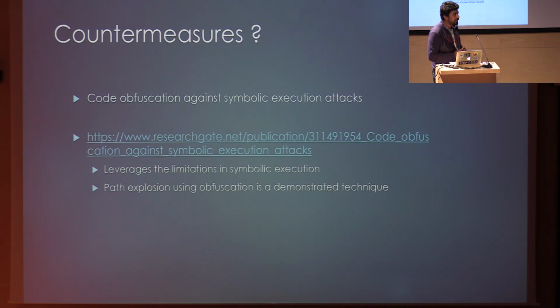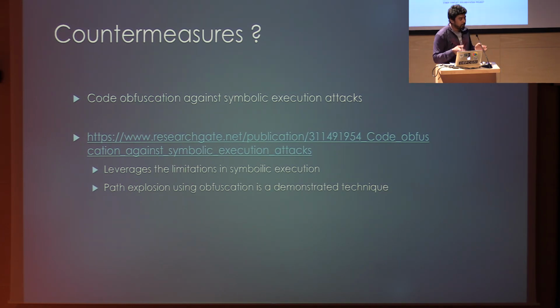And countermeasures. This is something that people keep asking me. It's not really an attack, it's just a way of doing things. If you happen to have a license validation in your program, symbolic execution might be something that you should care about. So code obfuscation, and not just junk dead code, because KLEE has dead code elimination, so it will just skip that dead code.